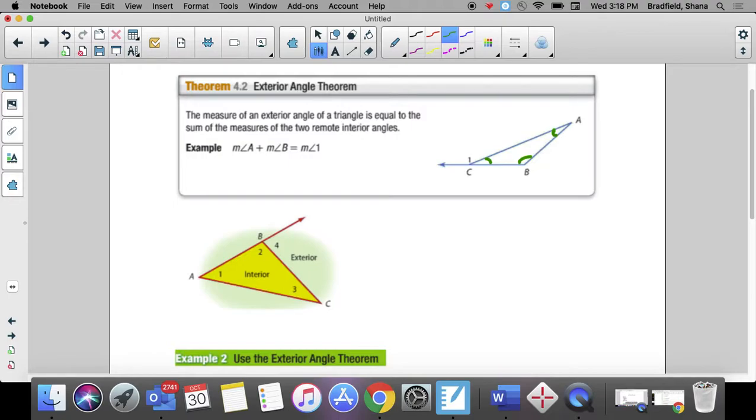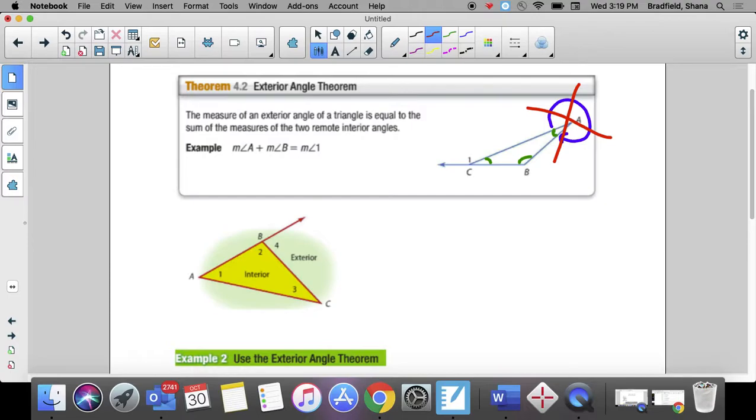Way back in chapter 1, we talked about what an angle is, and an angle has a measure less than 180 degrees. If I were to think of my exterior angles as everything that's not on the interior, that would be a huge angle, way bigger than 180 degrees. So I don't want to do that. It has to be less than 180.